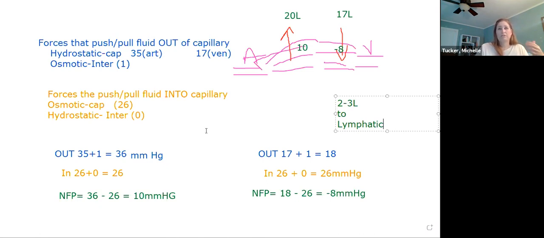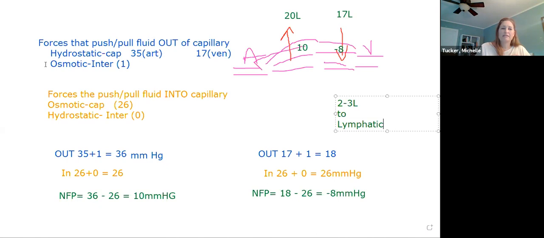So for 2 categories of forces, hydrostatic, which is the pressure, what is that pressure gradient pushing on the walls to push fluid out or push fluid in, which is not very effective. And then you'll have a hydrostatic for the capillary, and then osmotic for the capillary, that's the plasma proteins.